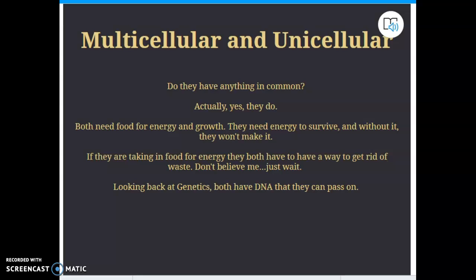There's waste involved when you eat food. You get the energy and the things that you need, but the stuff that's left over gets processed and moved through your body. And we'll take a look at that in just a second. We've seen that before. And looking back at the unit we just finished, genetics, both of them have DNA that they pass on to their offspring. And we will stop our video here.